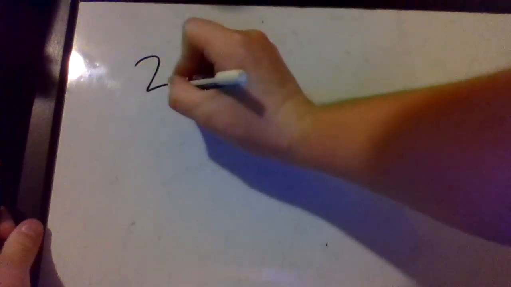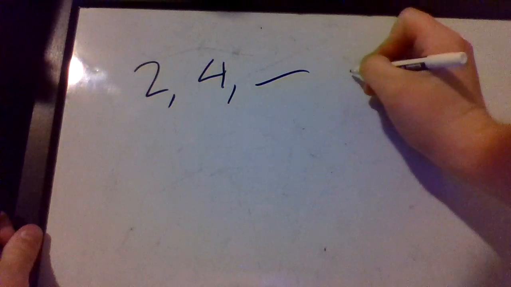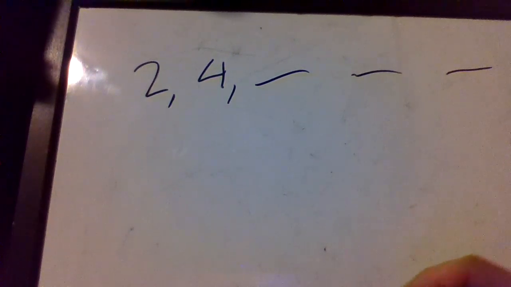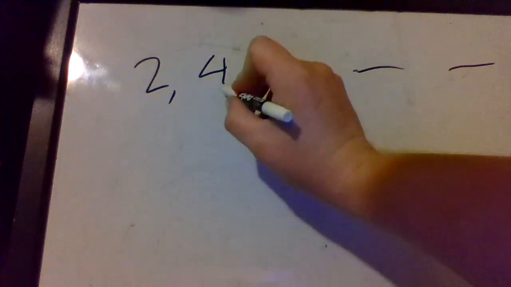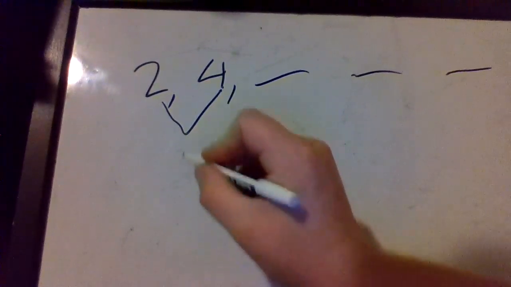There we go. So if we have something like 2, 4, blank, blank, blank. We take what we know, 2 and 4, and subtract 2 from 4. So 4 minus 2 is what? 2.